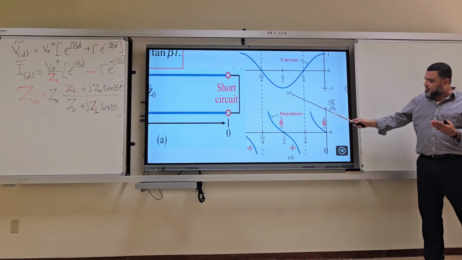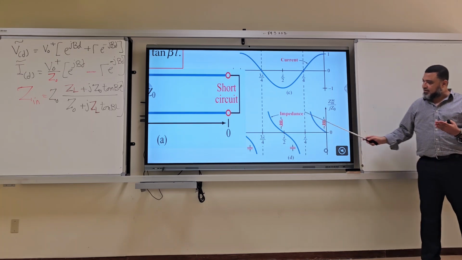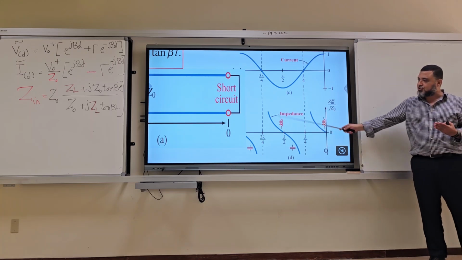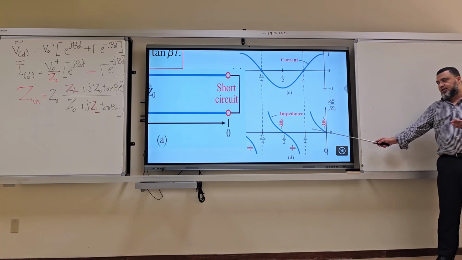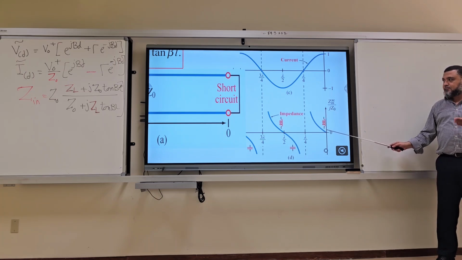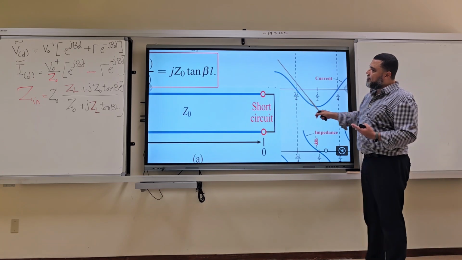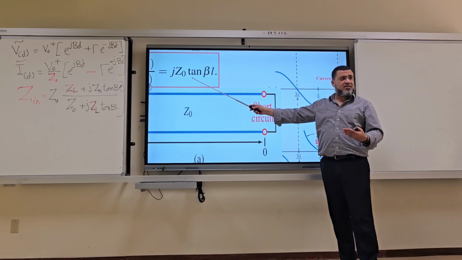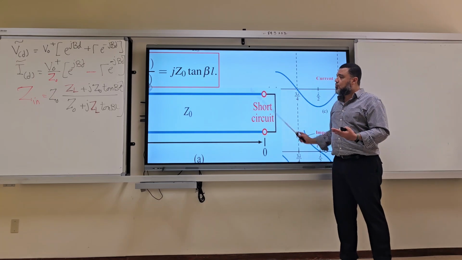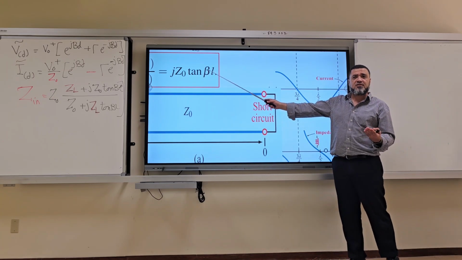I take the input impedance versus D. As you can see, this is a tangent function. Sometimes it is positive based on the distance. For D from 0 to 1/4, it will have a positive value. This means the transmission line will have positive reactance, which is similar to an inductive load, as if the whole thing is acting like a simple inductance.